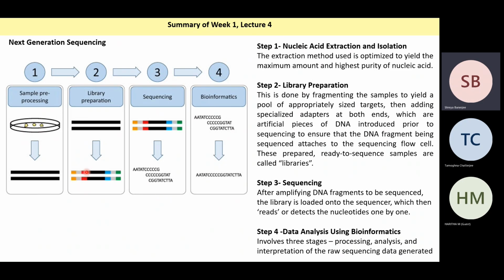So these adapter DNA are not DNA that you want. It is basically attached to ensure that these oligonucleotides are sticking to the sequencer, because only when it sticks to the sequencer can it find out the nucleotide sequence. So these prepared ready to sequence samples are called libraries.